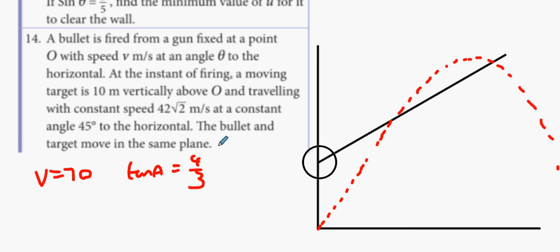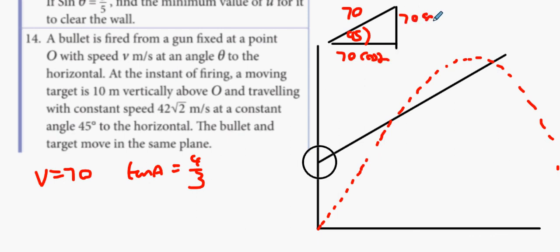Right, happy days. Now, first thing we're going to do is use that 45 degrees and break it down into its components. Okay? So this is 70. So this in turn would be 70 cos A and 70 sin A. I'm sorry, 70 cos 45 and 70 sin 45, which are both the same values.